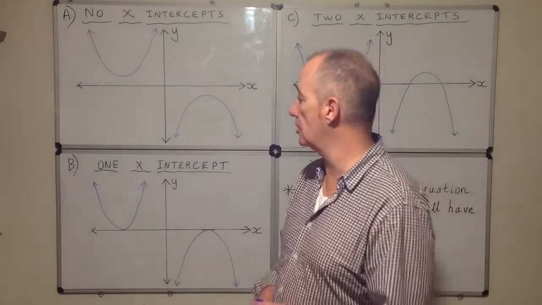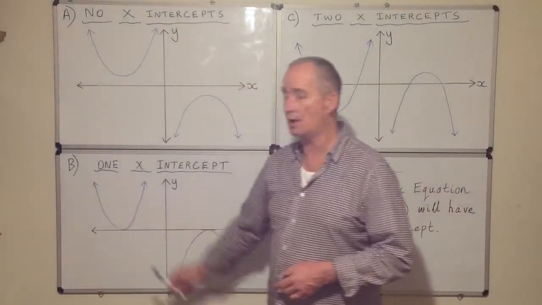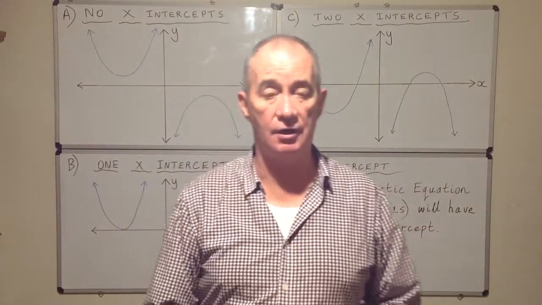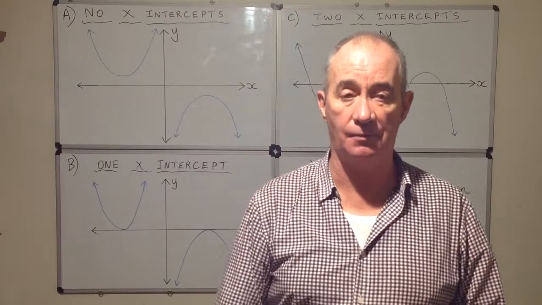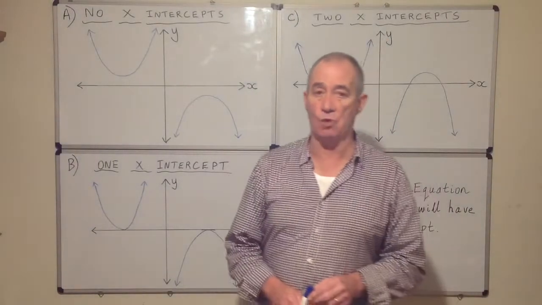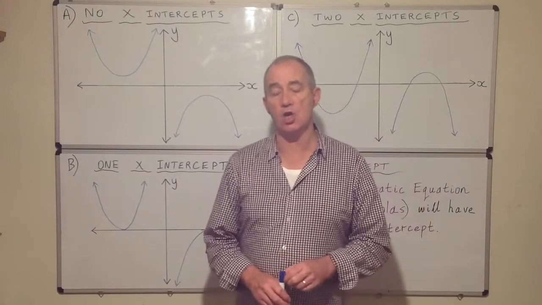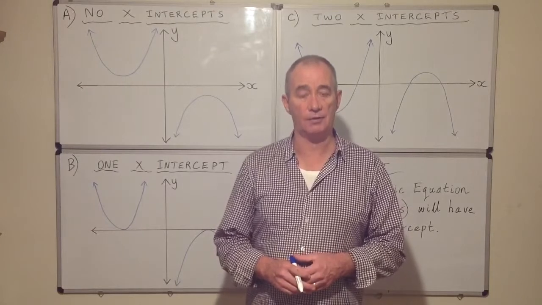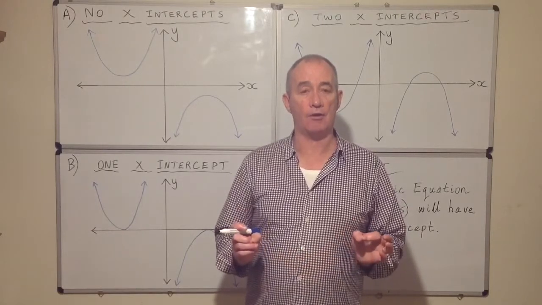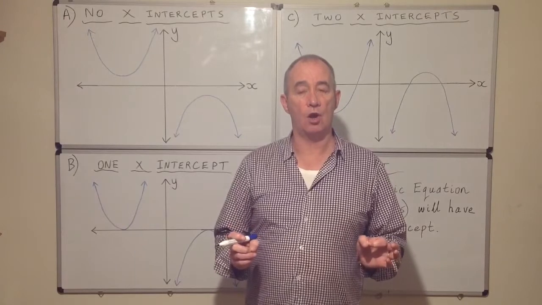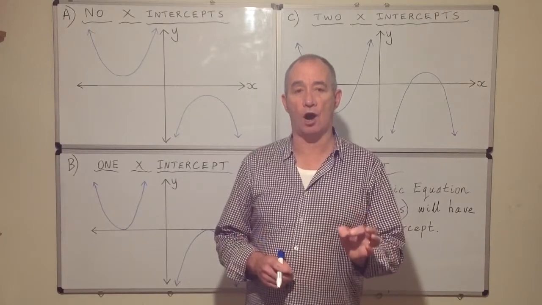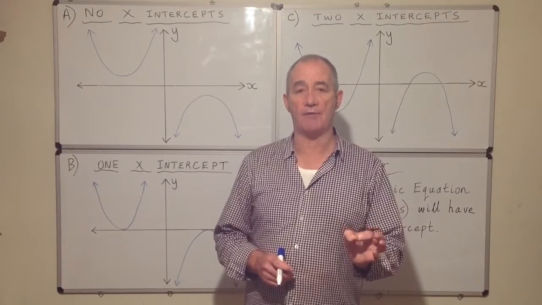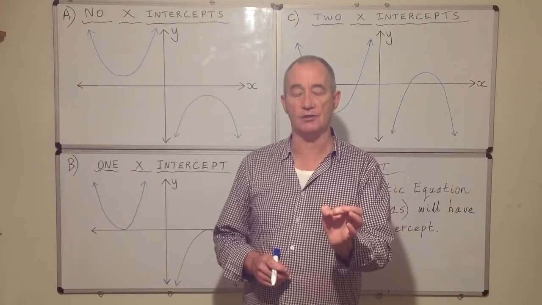The second possibility is possibility B. Some parabola graphs or some quadratic equation graphs have only one x-intercept. The quadratic equation graphs that have only one x-intercept are parabola curves whose turning point is right on the x-axis.